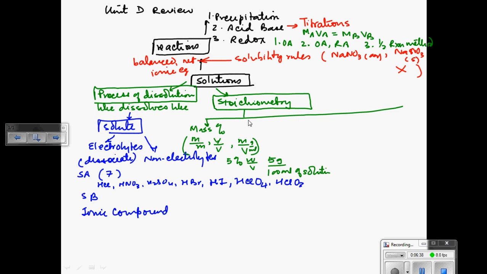Then the second concentration unit is molality, and molality is moles of solute per kilogram of solvent. Molality is used in freezing point depression, boiling point elevation, osmotic pressure, all the colligative properties.